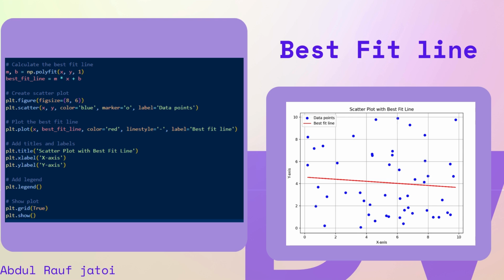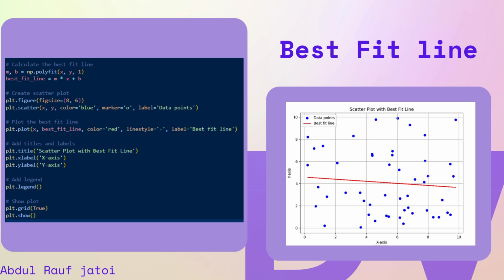You can find the regplot property here, which shows the best fit line, and then you can assign the color, like red, and the line style, like dotted. Everything else is fine.